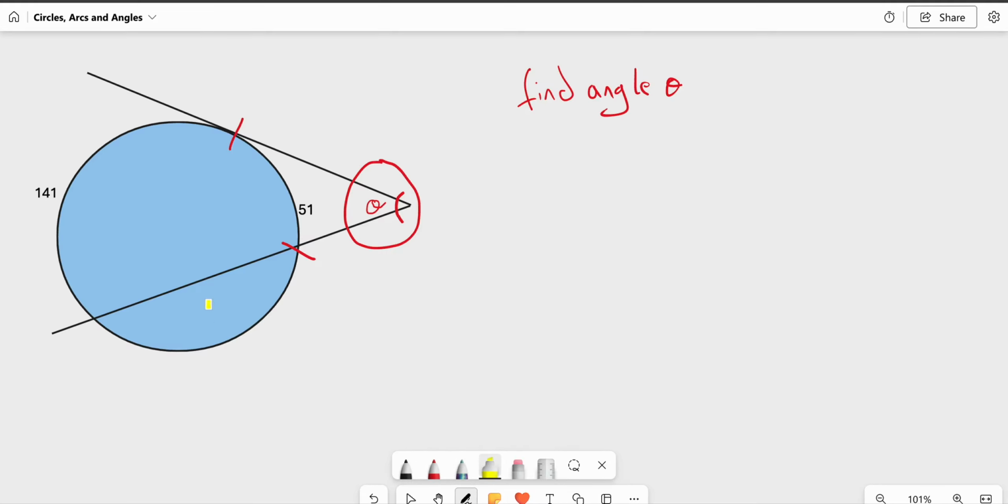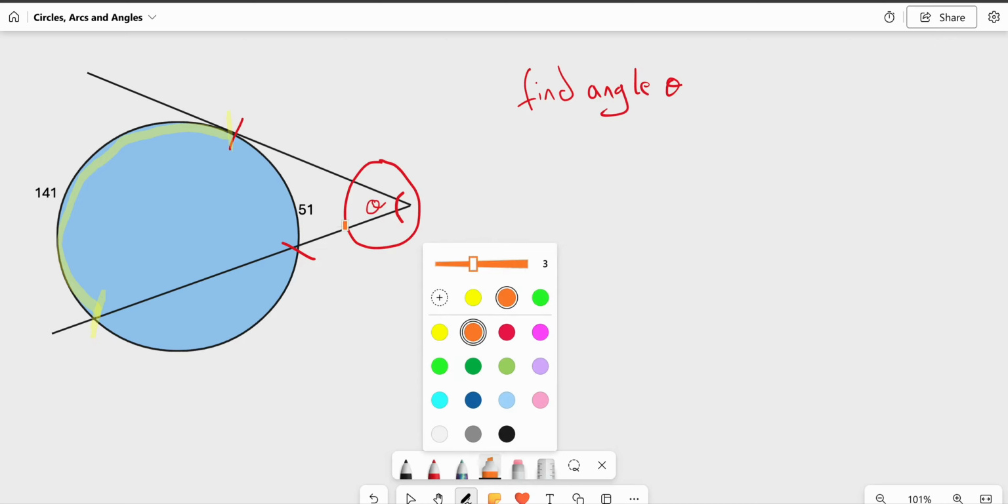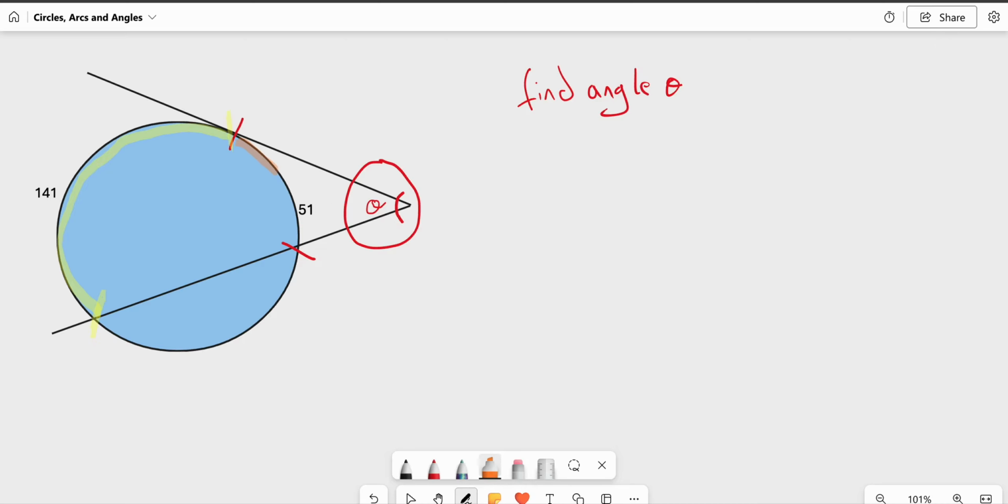Let's highlight this arc here, the big arc, right? We are being given both arcs, the small one and the large one. The small one is 51 and the large one is 141.